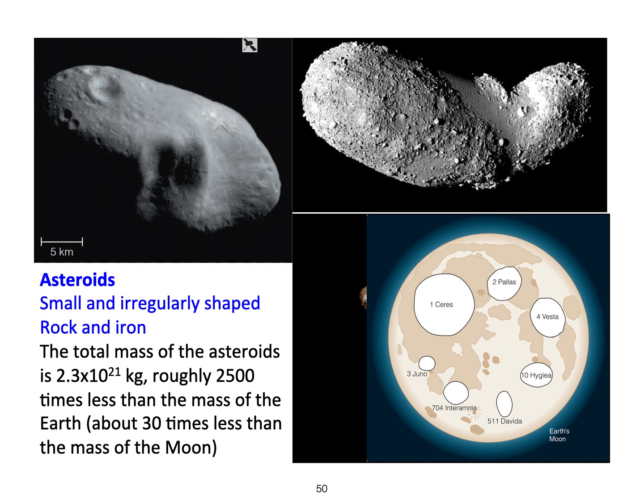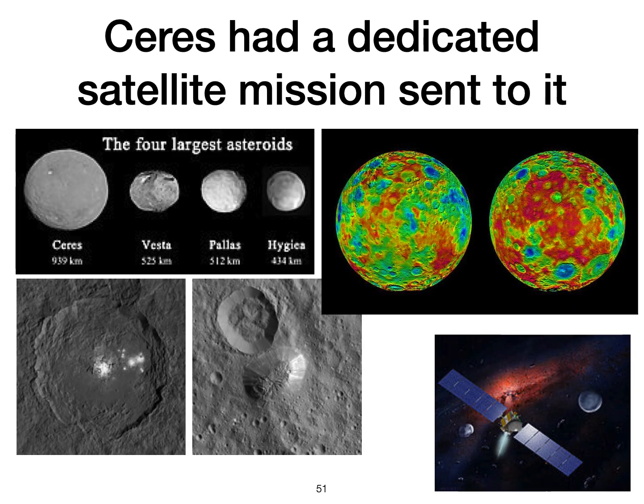Like I said, here is a comparison of the Earth's moon with the top 7 largest asteroids. We have visited Ceres, we have visited Vesta, and I think Hygeia has had a visit as well. Yeah, so Ceres had a dedicated satellite mission sent to it, that and Vesta as well, the 2 biggest asteroids.